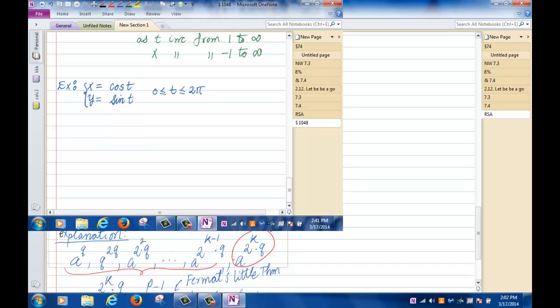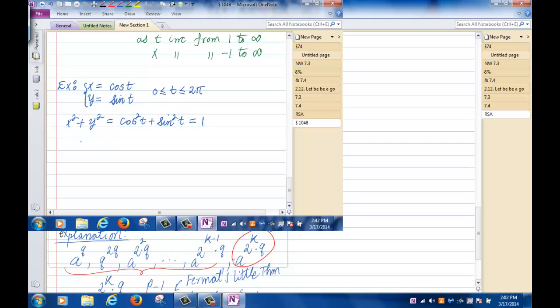We are trying to eliminate t, and my question is, how do I eliminate t? Can someone answer the following question? If I look at x squared and add to y squared, what do I get? I get 1, right? So notice that what I get is cosine squared t plus sine squared t, and we know from Pythagoras this is 1, right?